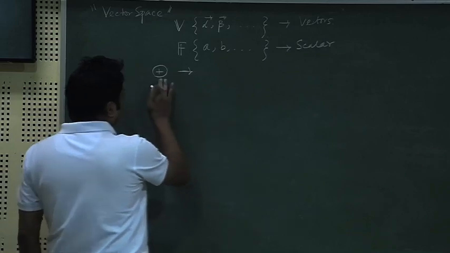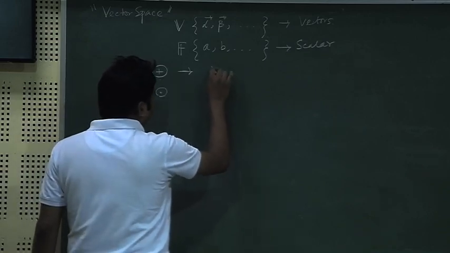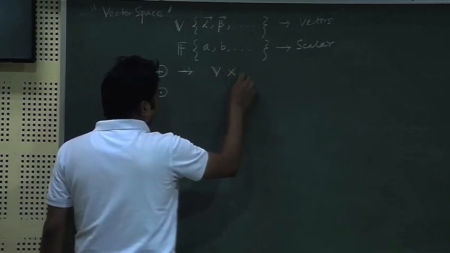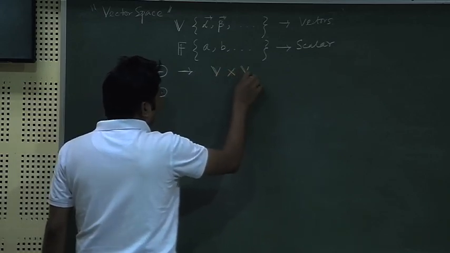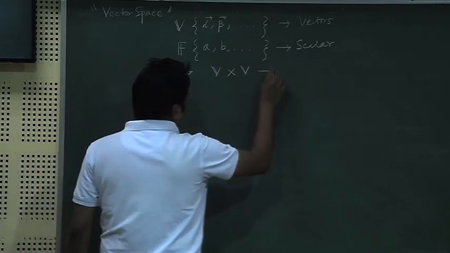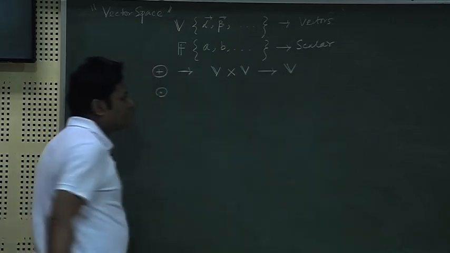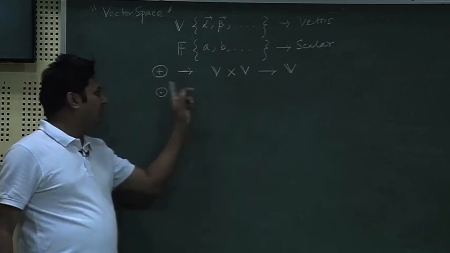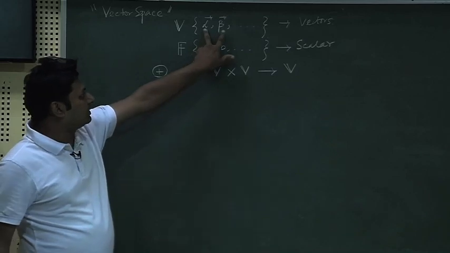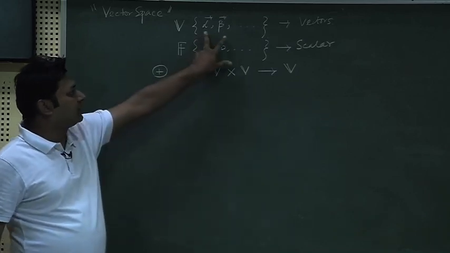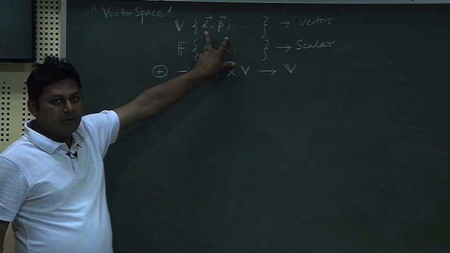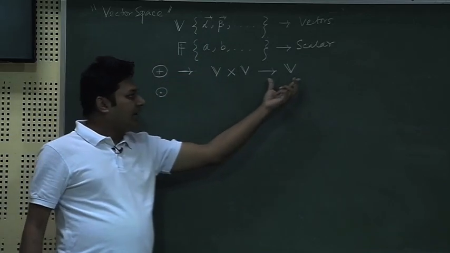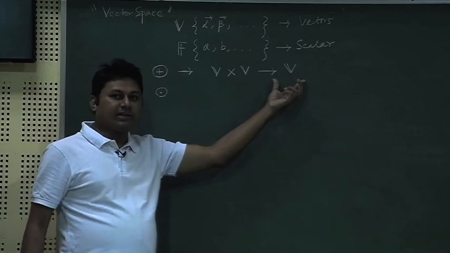So this rule suggests that if I take an element from the vectors and operate it with another vector, it will give me a vector. This is the way to write the rule. What is the rule of this plus? The plus rule is applied on the set of vectors, so I apply this plus over these elements, and whatever element I get should be a vector itself.